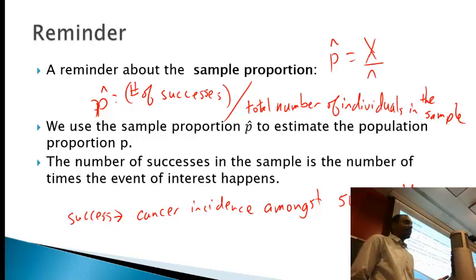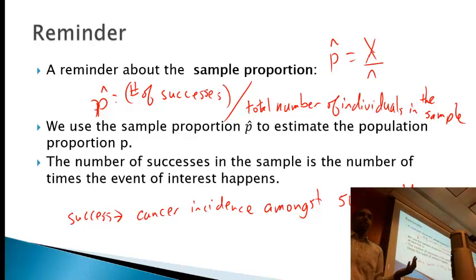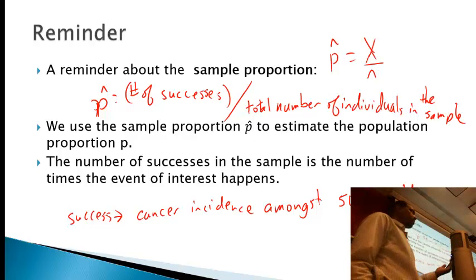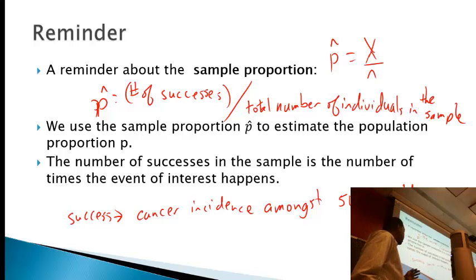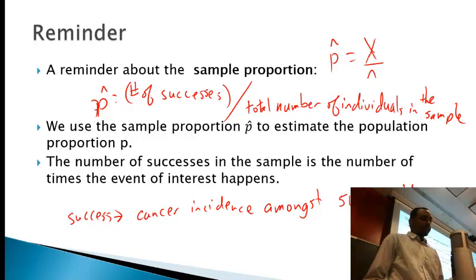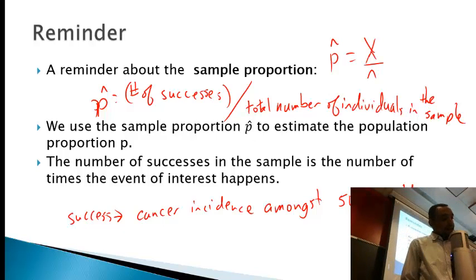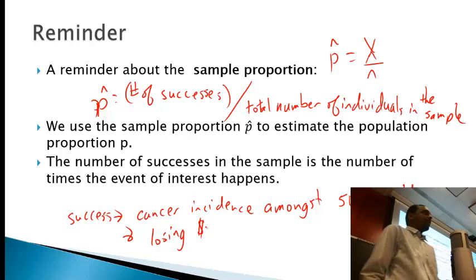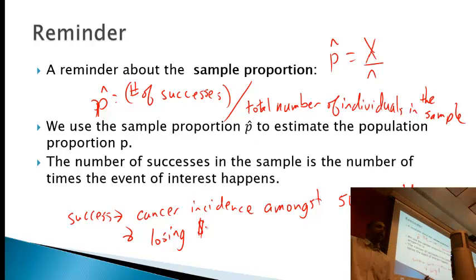This is not a positive outcome, right? No one wants to get cancer or be diagnosed with some kind of illness. But if we're talking about that, for our purposes, it'll be called a success. Okay? And others could be, if you're talking about losing money, right? No one likes losing money, but if we're talking about that, then that's that.